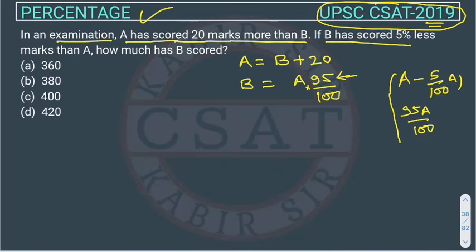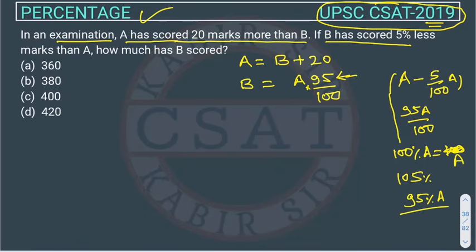So directly we can write, because we know 100% of A is equal to A, right? So whenever we talk about some increment, suppose they are talking about 5% increment, so it will become 105% of A. And if they talk about 5% decrease, so we will write 95% of A, right?